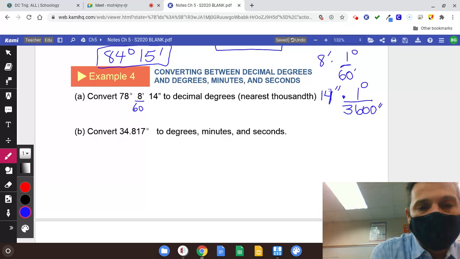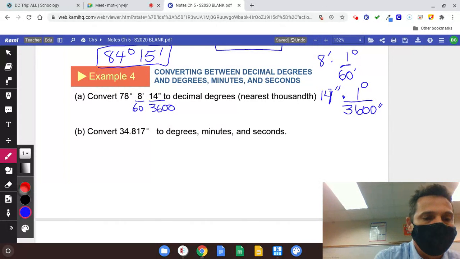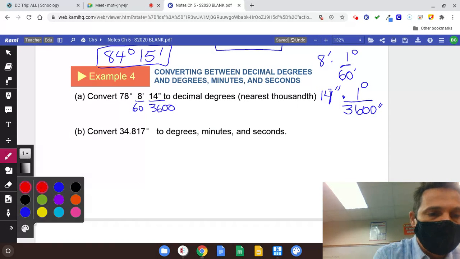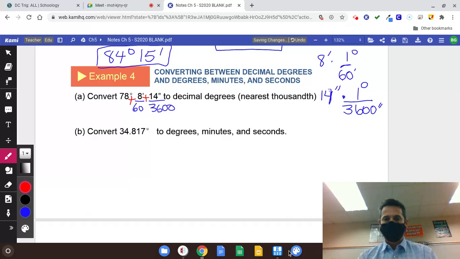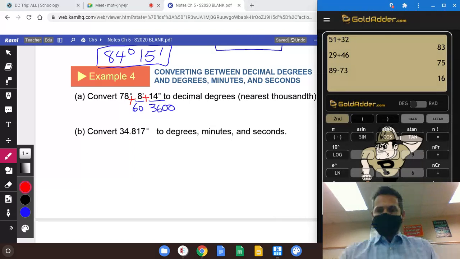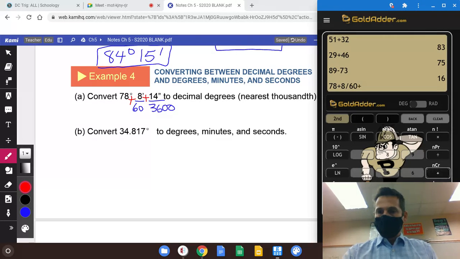So my shortcut is I'm just going to divide this by 3,600. And then I would take a calculator and add 78 plus this. So the answer is going to be 78 plus 8 over 60 plus 14 over 3,600.